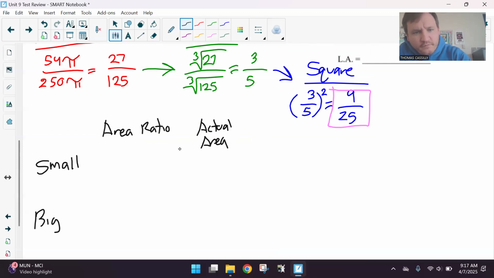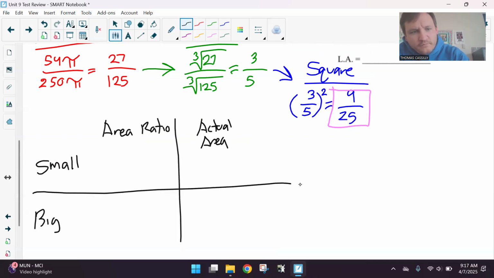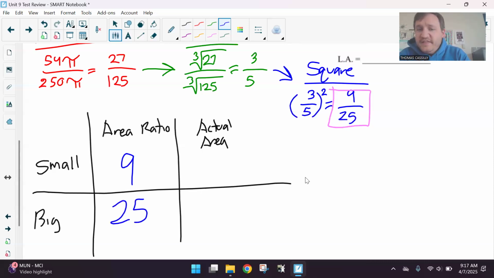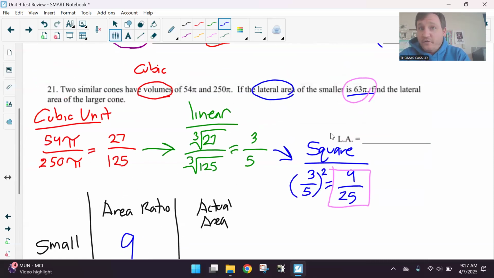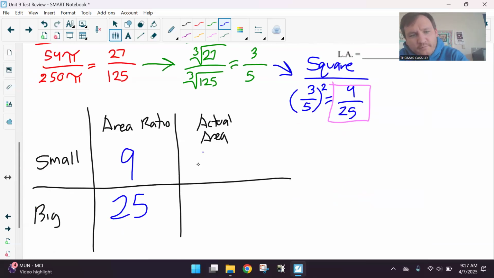All right, so if we just make this into a chart, right, we know the area ratio was 9/25. Right? And the actual area of this guy, of the smaller one, is 63 pi. Right? This is the guy we're looking for.